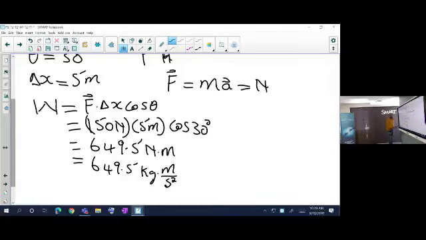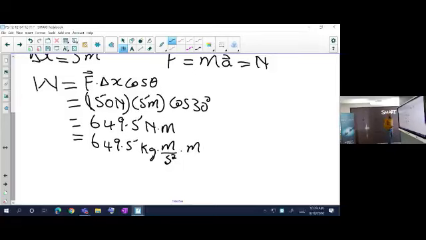This is your Newton, and then you have your distance there, which is equal to 649.5 meter squared per second squared.